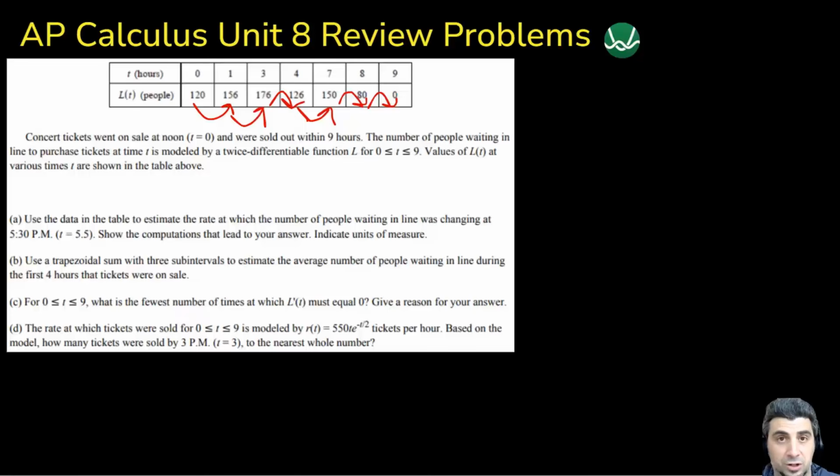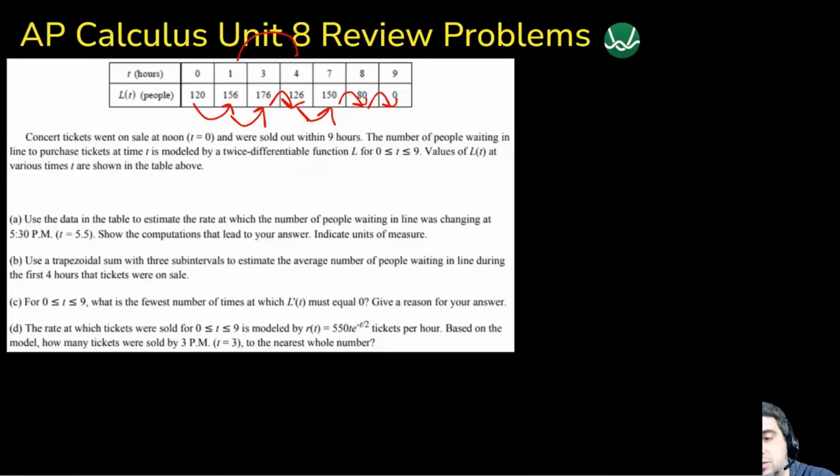Use the fact function's twice differentiable and the extreme value theorem. We know that L is continuous on the closed interval from 1 to 4. The extreme value theorem would imply that L is going to attain a max value there.